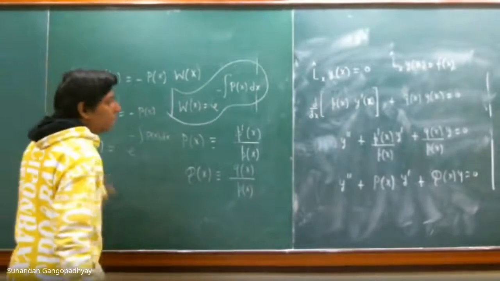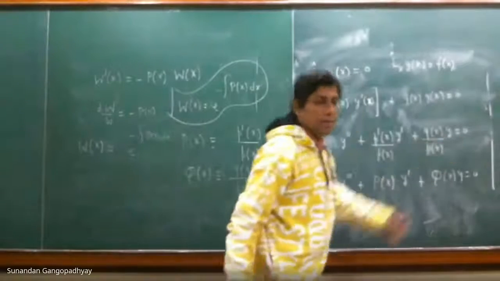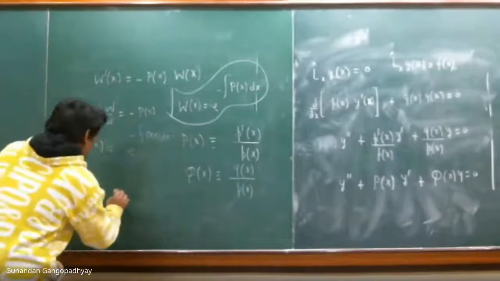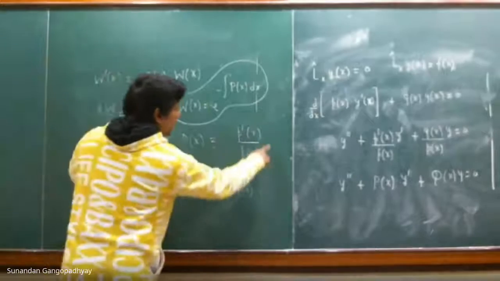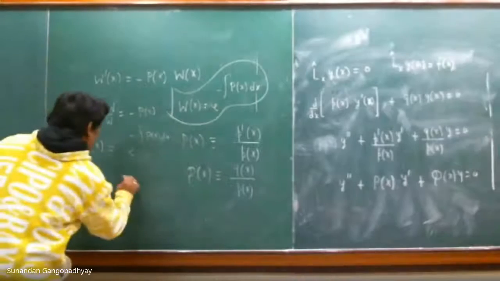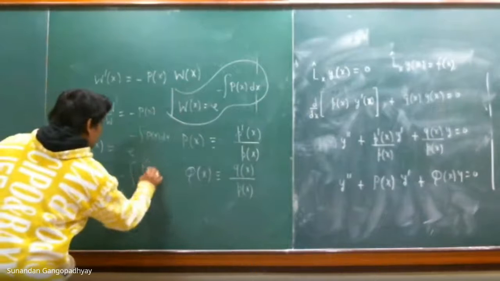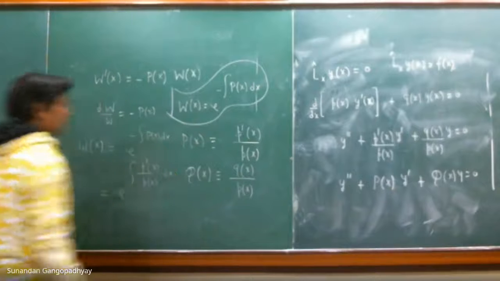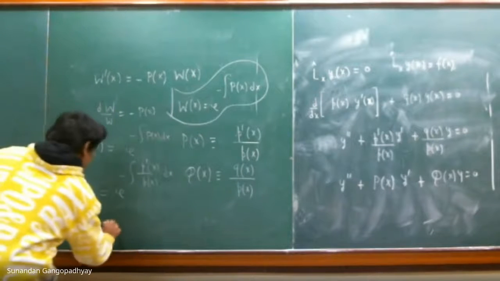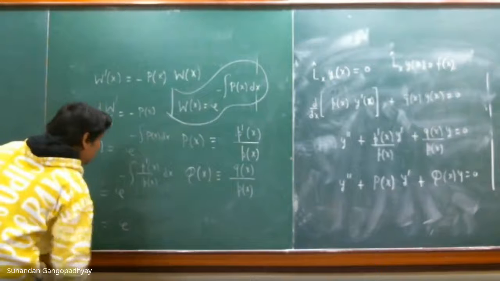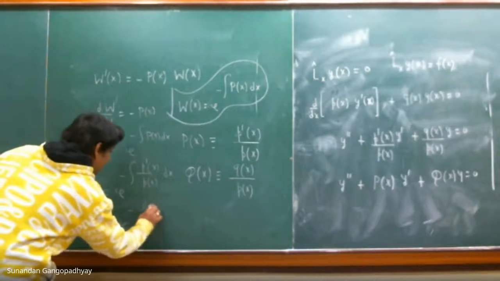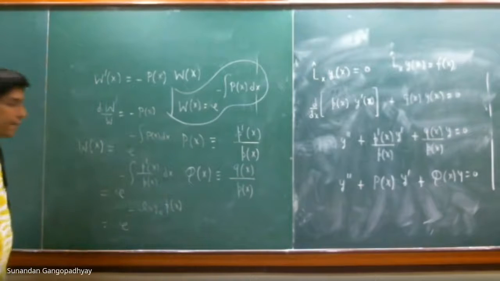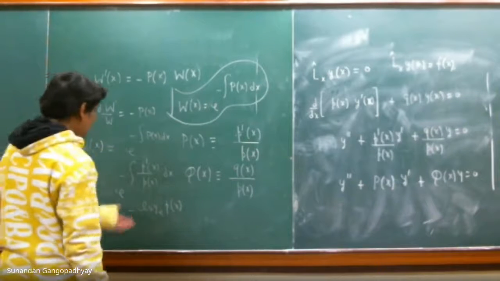And therefore, what is the Wronskian for this case? It is very simple, because it is once again integral of capital P x dx. But what is capital P x? Capital P x is this thing, small p prime by small p. So this is integral p prime x by p of x dx. But this is nothing but e to the power of minus ln p, apart from some constant.